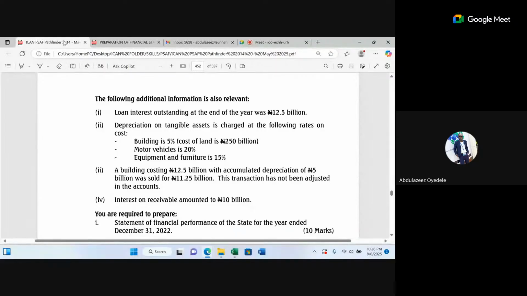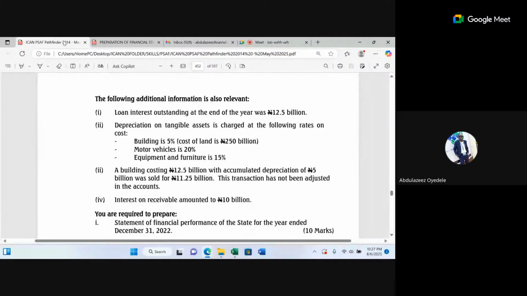All right. Thank you, sir. The format will usually be technically different from the one you have in FR, because in FR you have the trading part before you begin to have your expenses, where you have to compute your gross profit first before your other expenses and all of that.